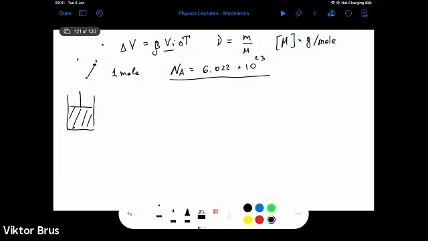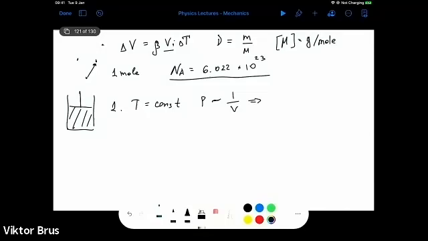So the first one is isothermal, meaning a process with constant temperature. When the gas is kept at constant temperature, its pressure is inversely proportional to volume. It's the so-called Boyle's law. So we have the first case, temperature is constant, then it states that the pressure of the gas is inversely proportional to volume.